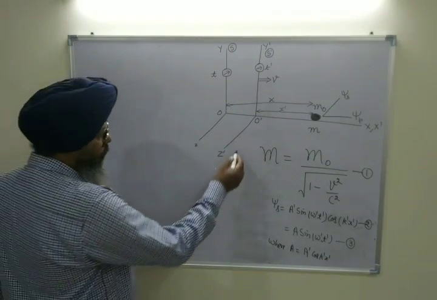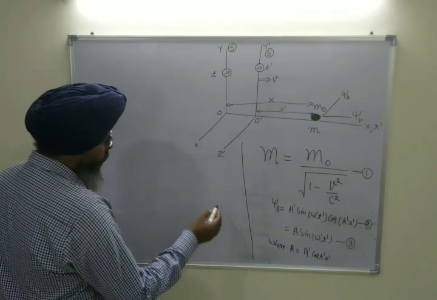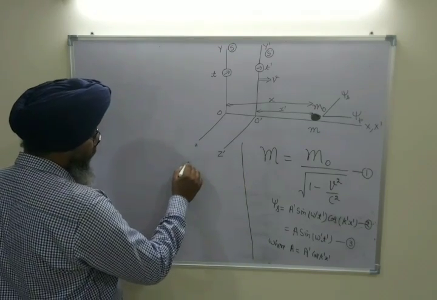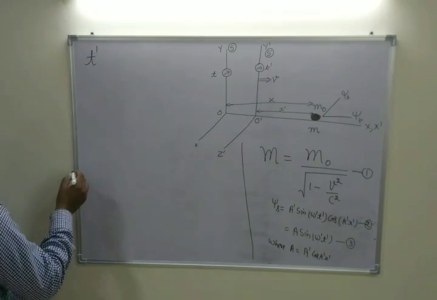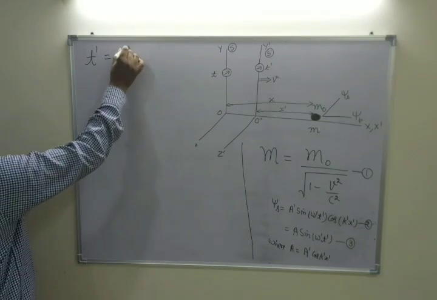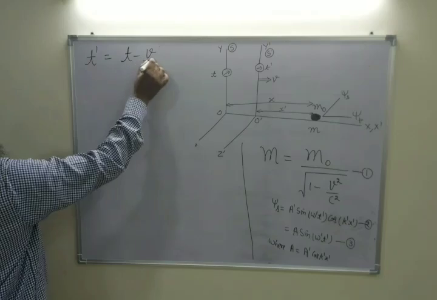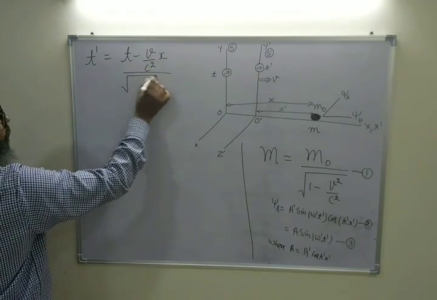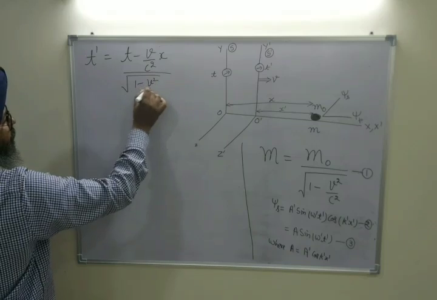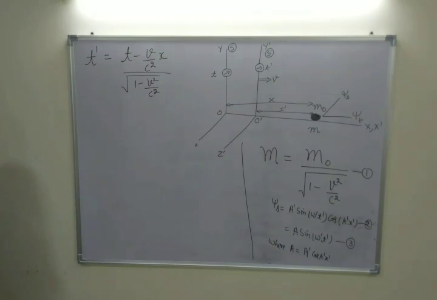Now let us move further, and we know this equation that t dash is equal to t minus v by c square x upon square root of 1 minus v square by c square.